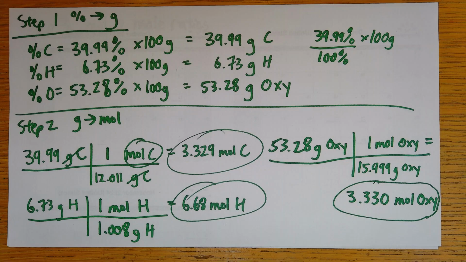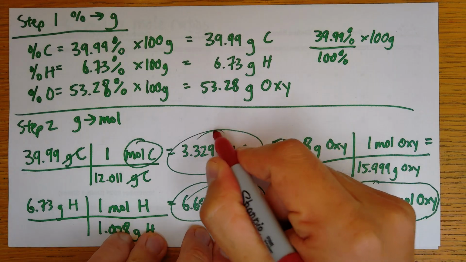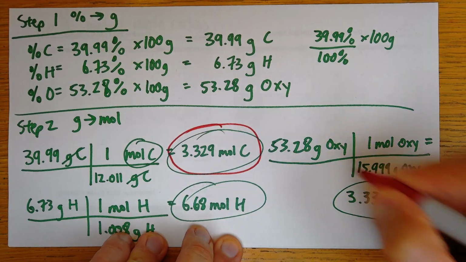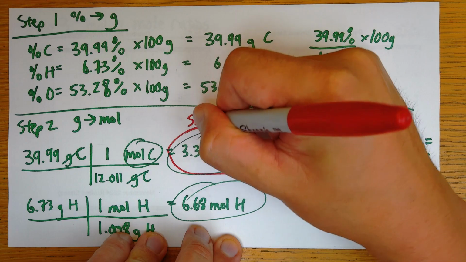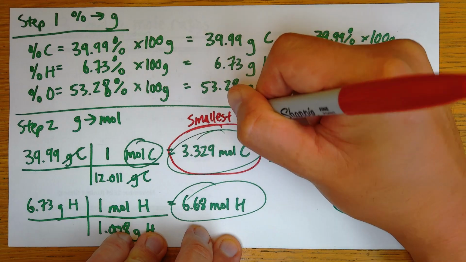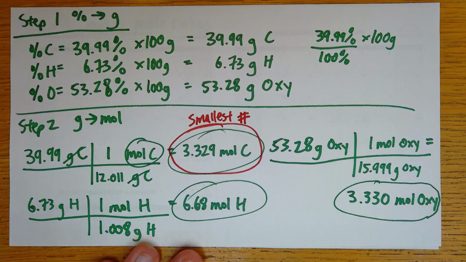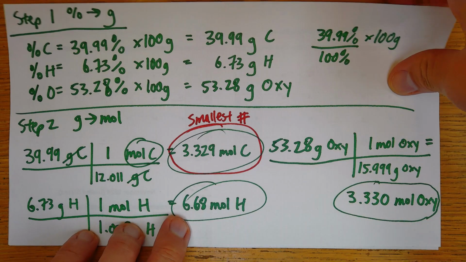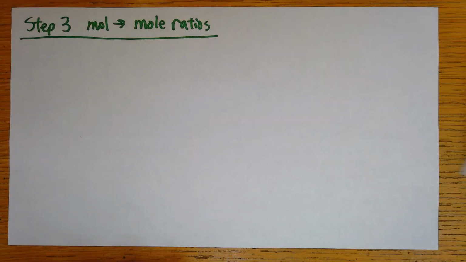So I'm going to circle this moles of carbon as my smallest number. All right, we're going to use the smallest number because it's going to give us numbers that are 1 or greater, which is easier for us to understand. You'll see hopefully what I mean in a moment.